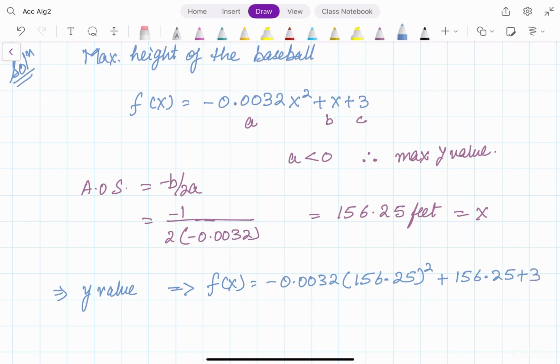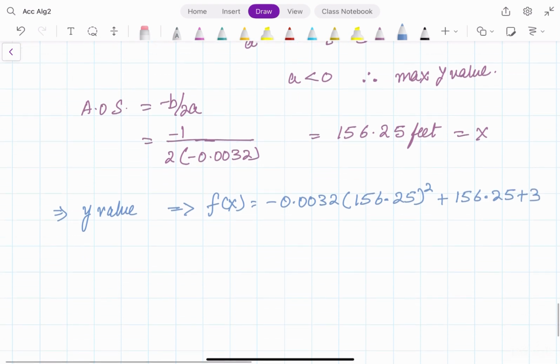If you plug everything in the calculator, you should get 81.125 feet. So that is the maximum value of the baseball for this particular question.